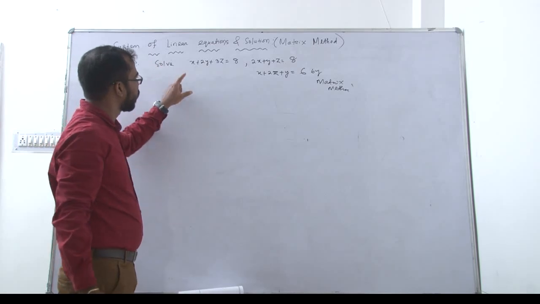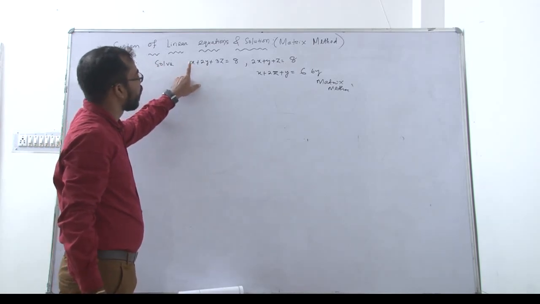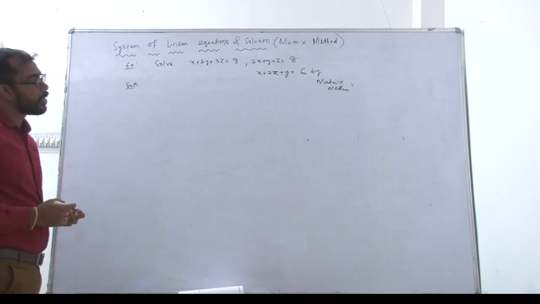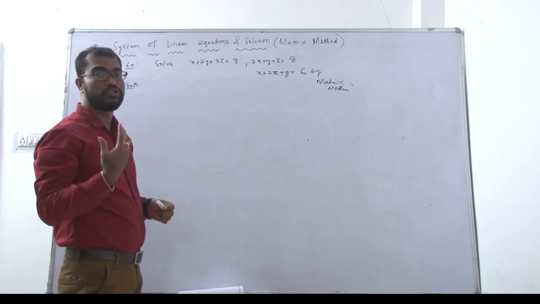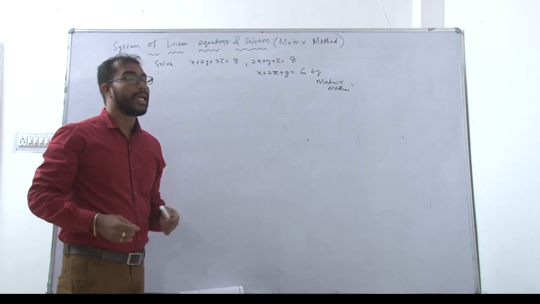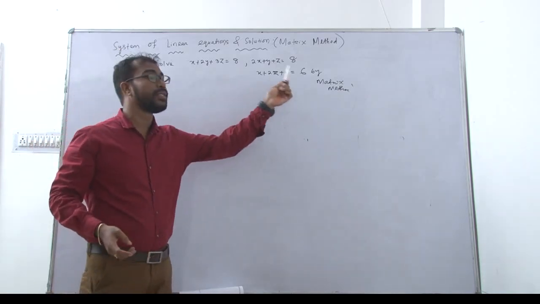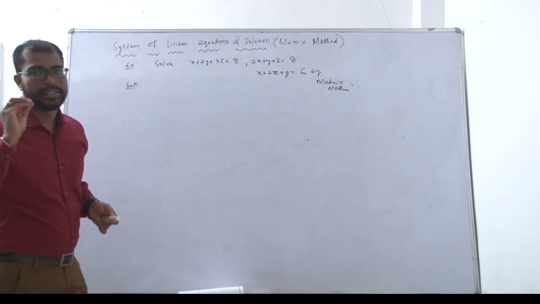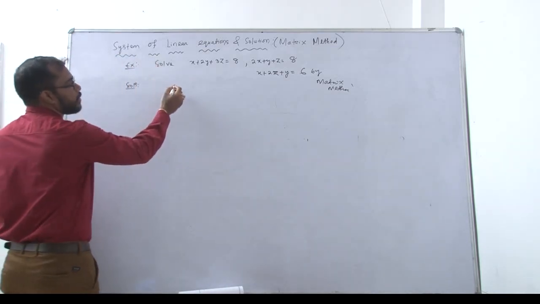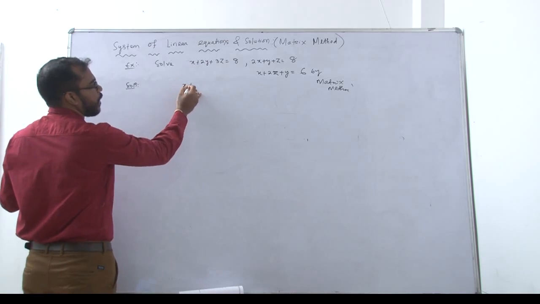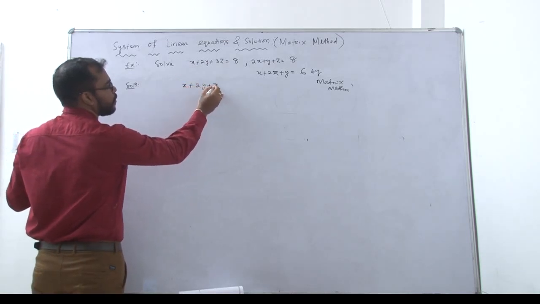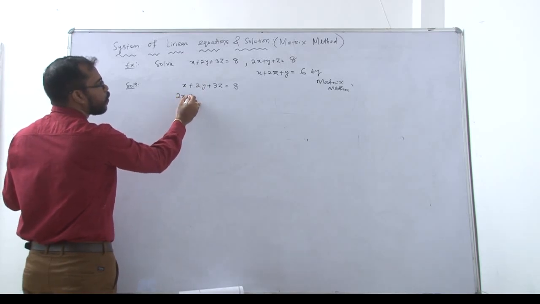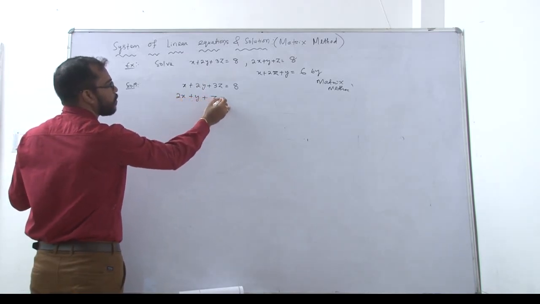So look at the system first. x plus 2y plus 3z equal to 8. The second equation is 2x plus y plus z is equal to 8. And the third one is x plus 2z plus y is equal to 6. First of all, we have to write in a systematical order. That means the first equation is x plus 2y plus 3z is equal to 8, and the second one is 2x plus y plus z is equal to 8.